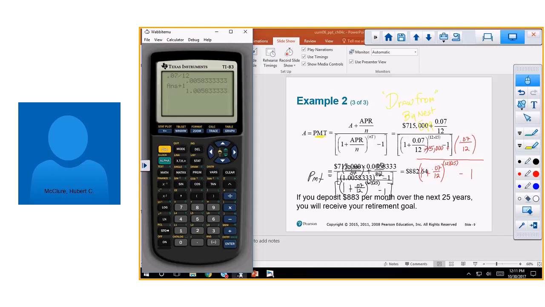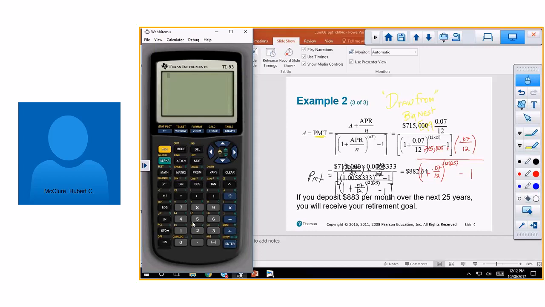Well, why didn't I get that? Oh, they're not raising it. Okay, what's 12 times 25? Let's see. Why did they get 15? That's probably a typo. It must be a typo.